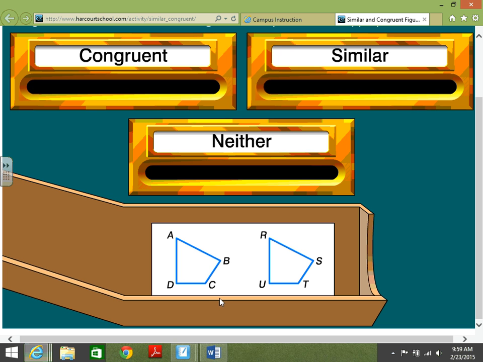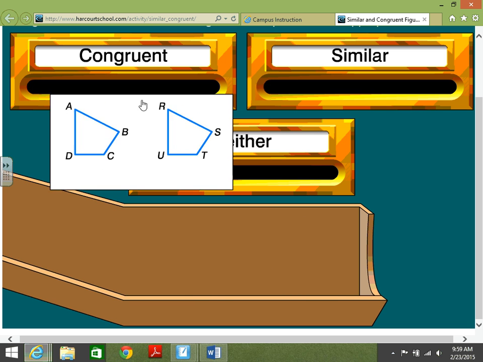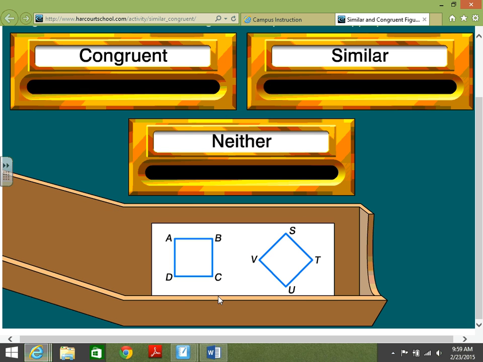Similar means one's big, one's small. Congruent means they're exactly the same. Which one? Congruent. Okay, next. If you just flip it around, then it'll be similar. Similar, one's big, one's small. Is one big, one small here?